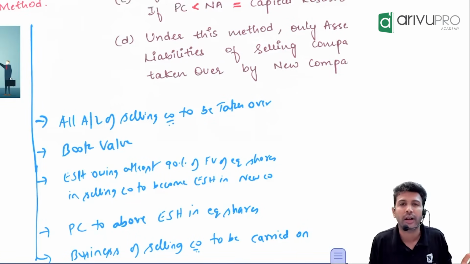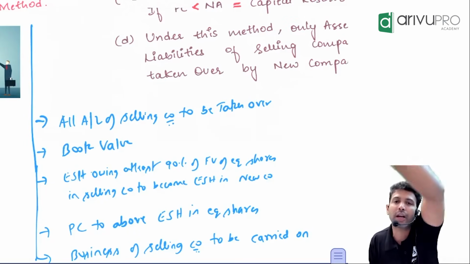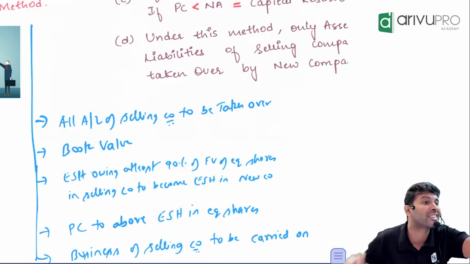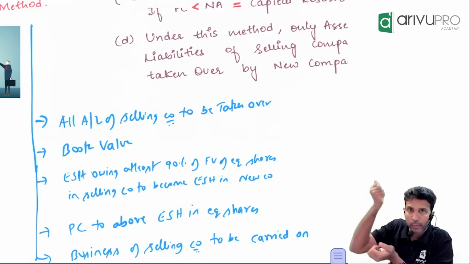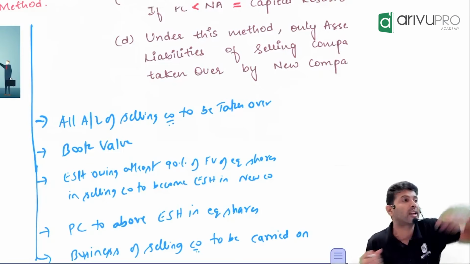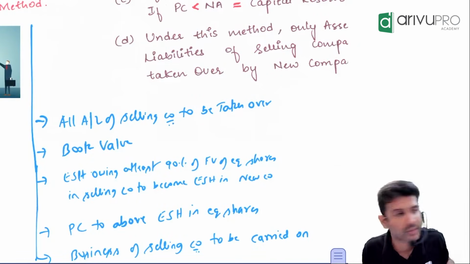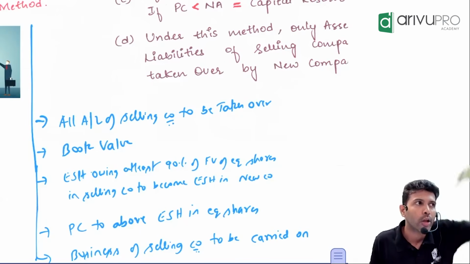Basically, how can an old shareholder in the selling company become a shareholder in the new company? Settlement is done in cash or settlement is done in shares. Suppose I give equity shares. Suppose the purchasing company, ArivuPro, tells the other academy shareholders, I will give Arivu company's new shares. So what will happen?